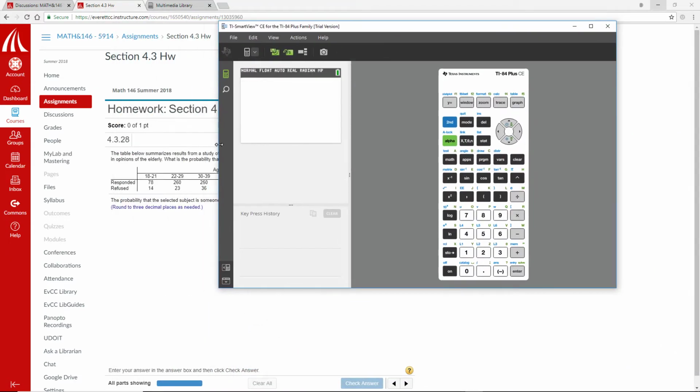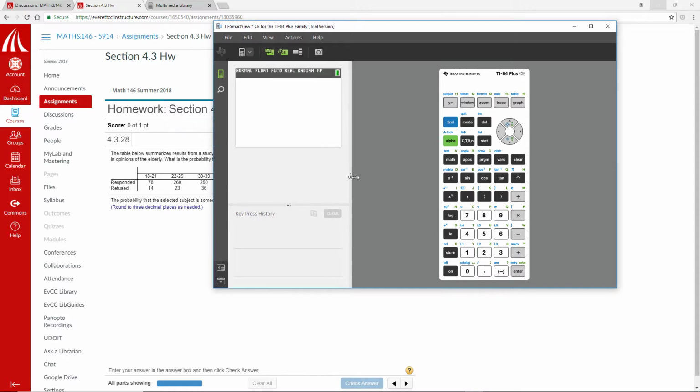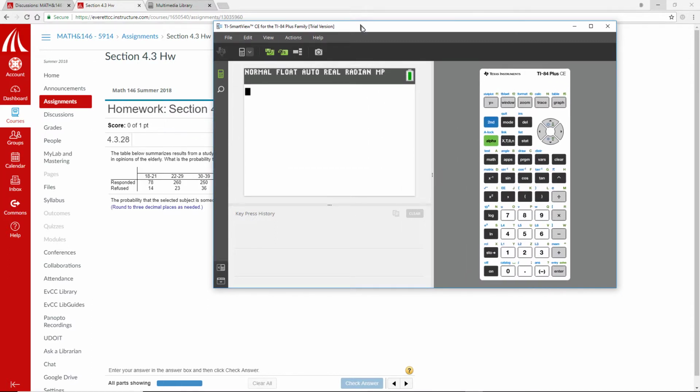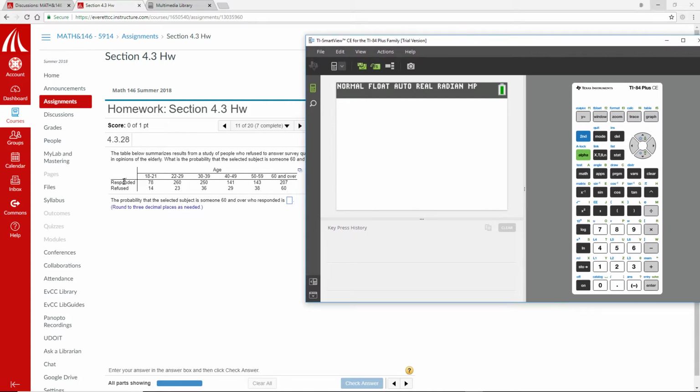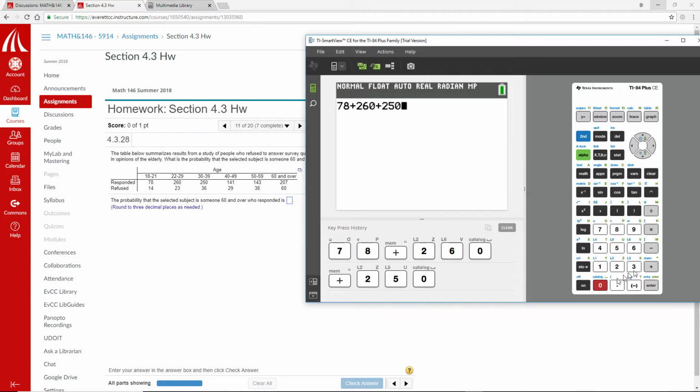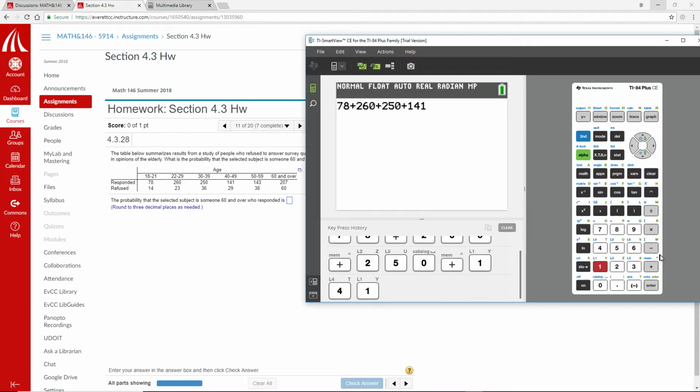So what I'll do is calculate out the total number of people by adding up all of the numbers. That's 78 plus 260 plus 250 plus 141 plus 143 plus 207.